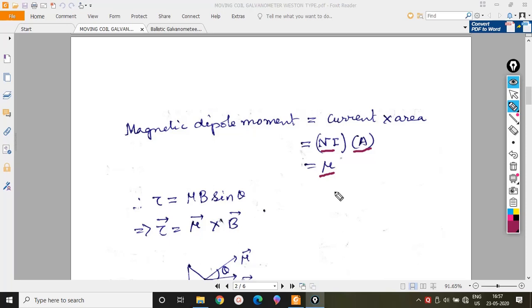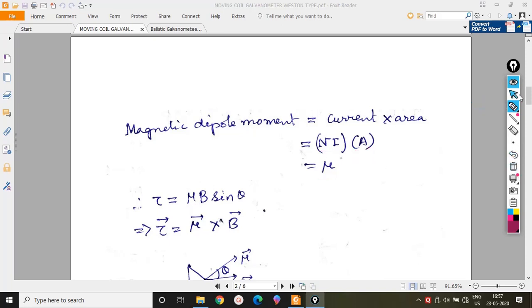You will study magnetic dipole moment in the magnetism unit of the same paper, so I am not going into details of magnetic dipole moment here. But now you see, in context of this magnetic dipole moment being NIA, that NIA is equal to mu.